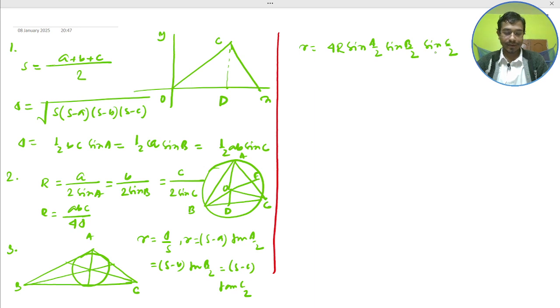So next one, the area of a cyclic quadrilateral. So this is a quadrilateral.